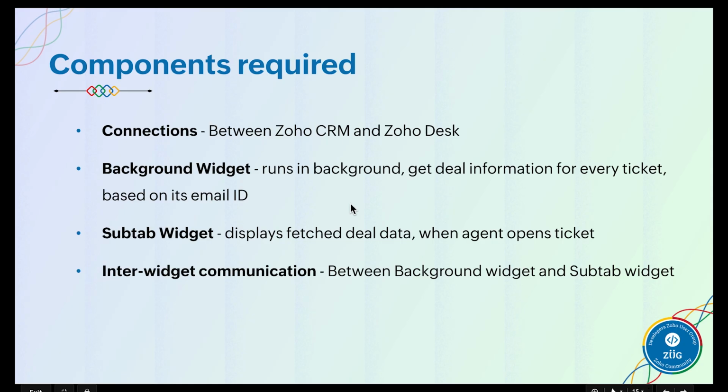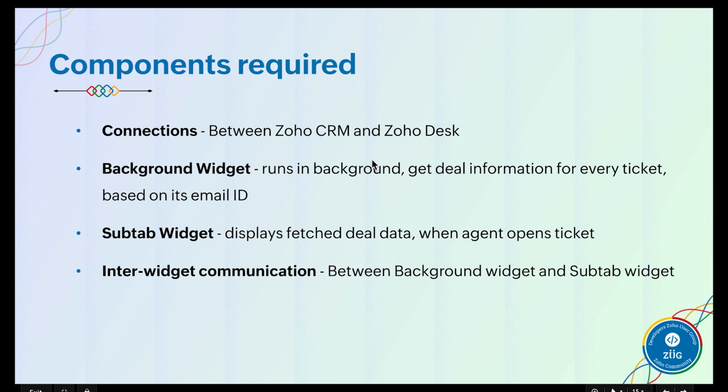I mentioned that we will be handling data between Zoho CRM and Zoho Desk, right? For that, our first component would be connections, which will establish a secure communication between Zoho CRM and Zoho Desk and facilitate a seamless data flow between these two applications. So the first component is connections between Zoho CRM and Zoho Desk.